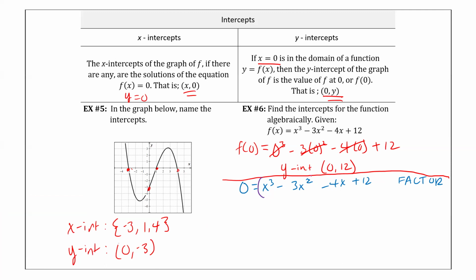So I'm going to group you, and I'm going to group you, and I'm going to group you. Is this ringing any bells? Okay. If you did not like factoring by grouping, you could also use the box. It's the reverse box.